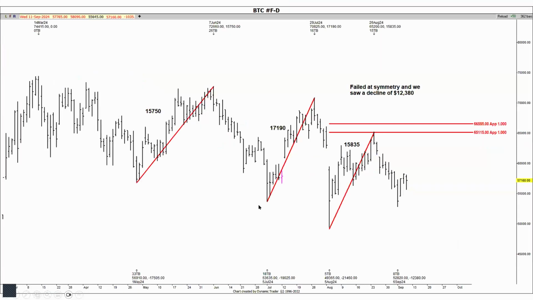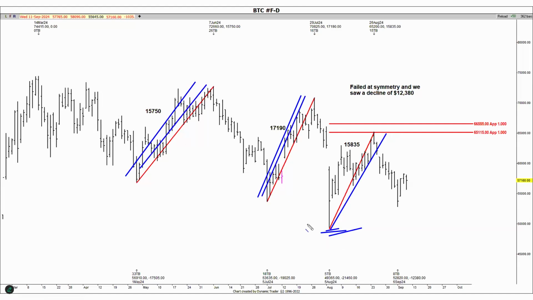All right, one more example. This was in Bitcoin. Basically, in this example, it's again symmetry. You're going to compare prior swings with the current swing. Well, when the market started rallying over here, let's compare it to how much of a rally we got off of these swings.